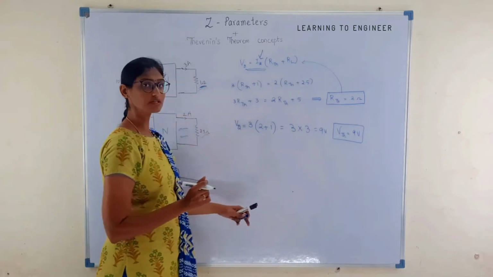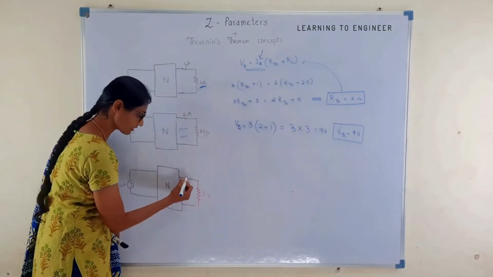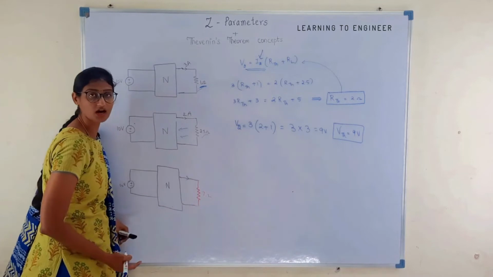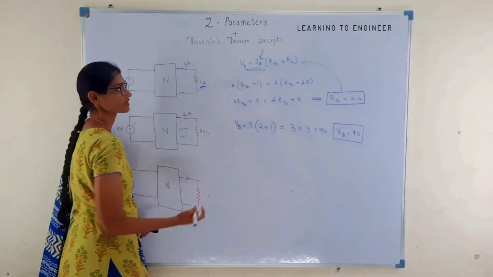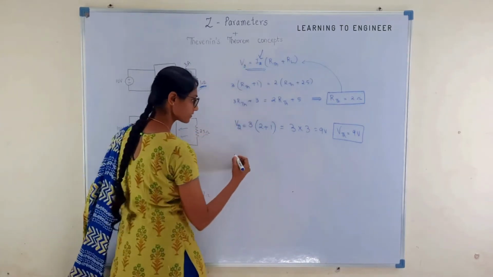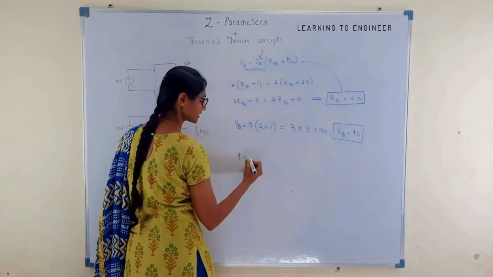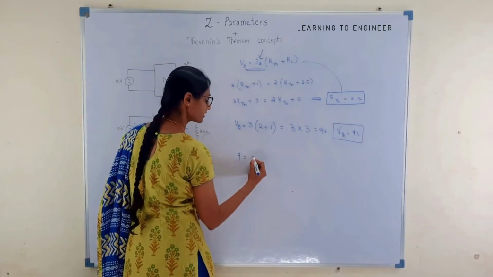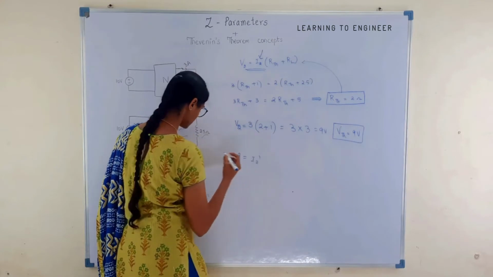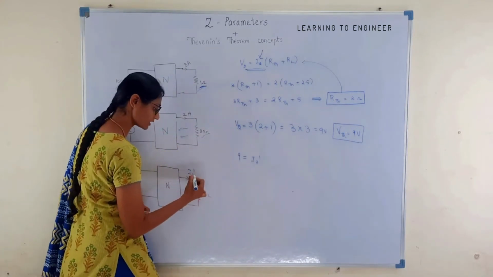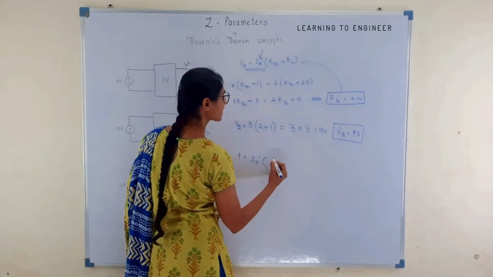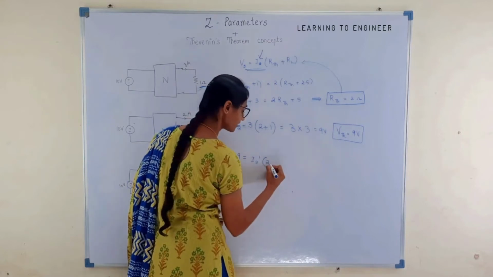So, with this information, we can quickly find out the value of I2 when the value of RL is 7 ohm. We will use this equation again. The voltage 9 is equal to I2 dash, let us label this as I2 dash, into RTH, which is 2 ohm, plus RL.